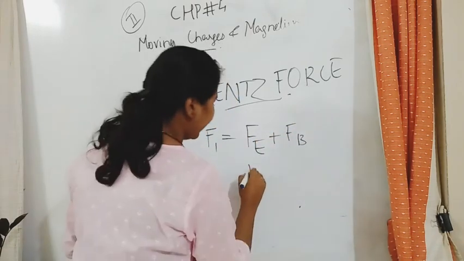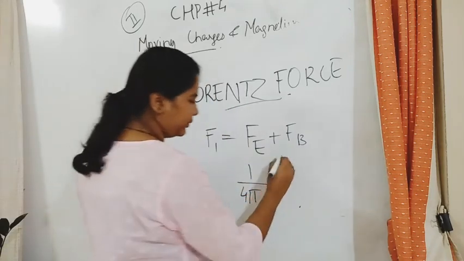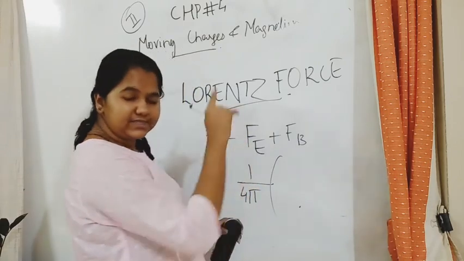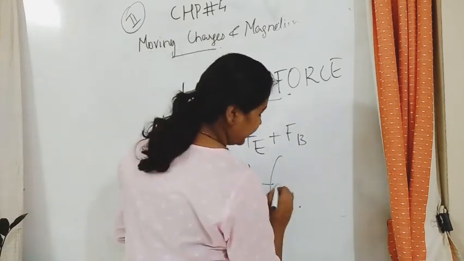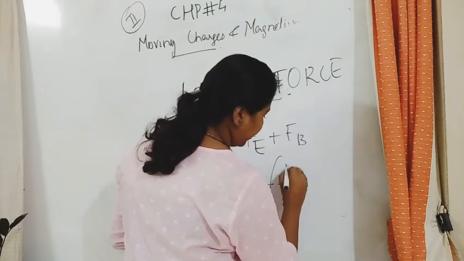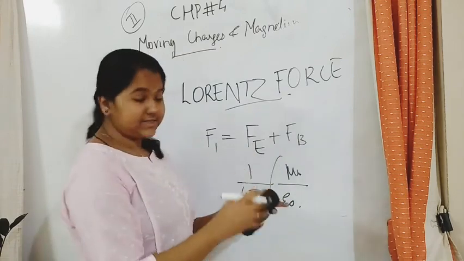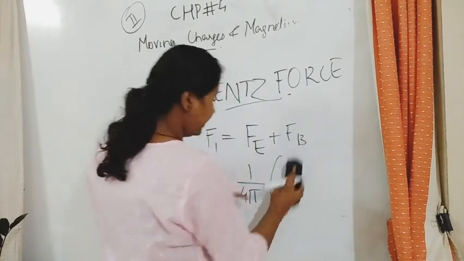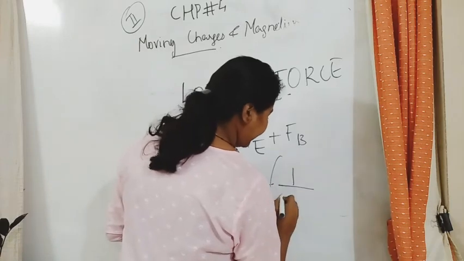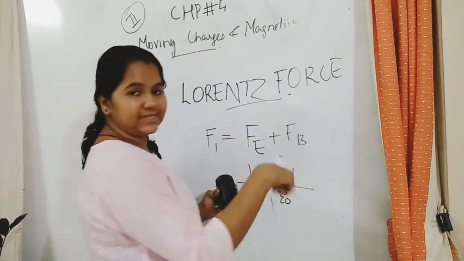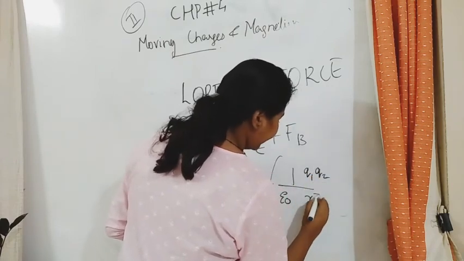So, what is that? We have to take 1 by 4 pi outside, and then what would come inside? Over here, the first equation was 1 by 4 pi epsilon 0, so in the base, it is epsilon 0, mu 0. This is a plus, so you take 1 by 4 pi common outside. So, that is 1 by epsilon 0, and the rest of it is Q1 Q2 divided by R square.